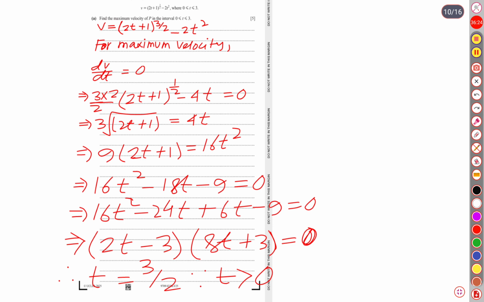Now they have told us to find the velocity at this time.